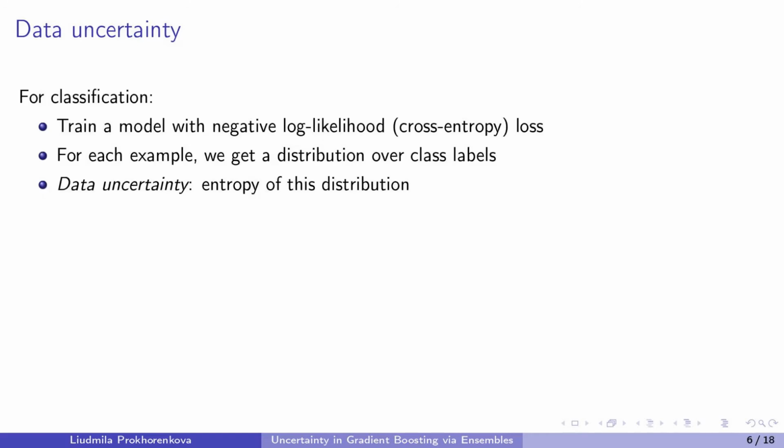For classification, models are usually trained with the negative log likelihood or cross-entropy loss. As a result, each prediction is a distribution over the class labels. Using this distribution, we can estimate data uncertainty as the entropy of the distribution. In contrast, regression models usually yield only point predictions.